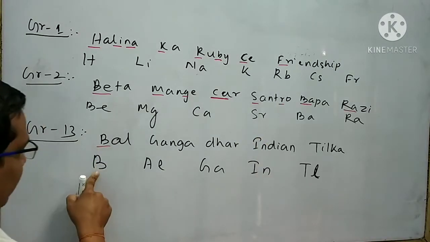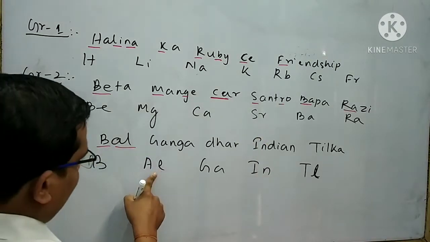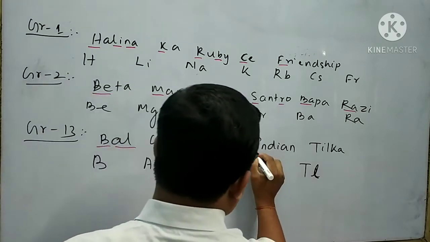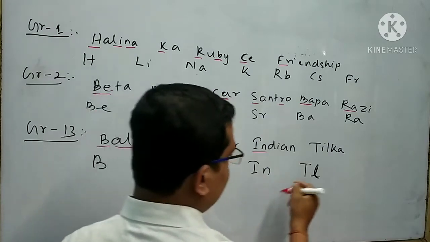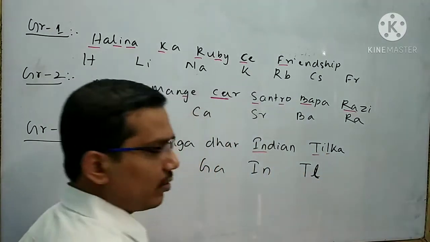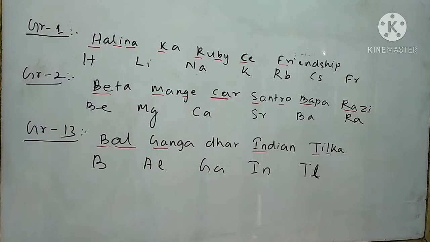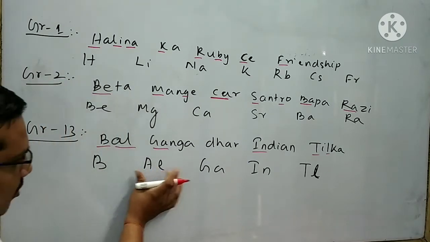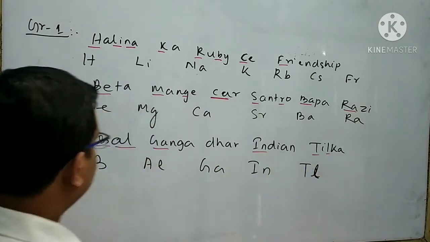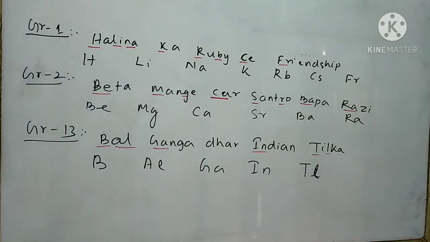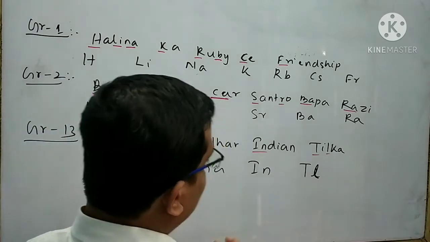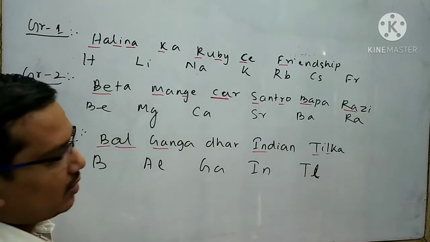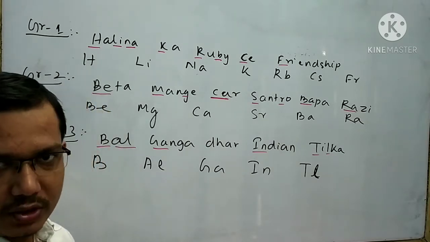Here B represents boron, L represents aluminium, Ga represents gallium, In represents indium, Tl represents thallium. We can also use another trick, Baigan, Alu, Gajar, Inthal. As your choice, you can use any trick to remember these elements. Remember one important point, these do not belong to your course of study.